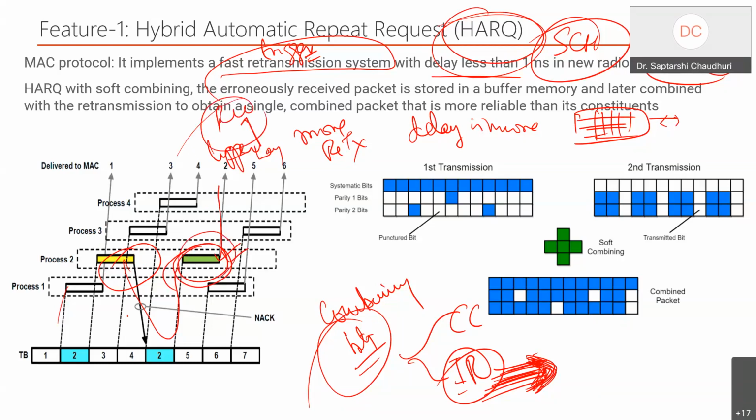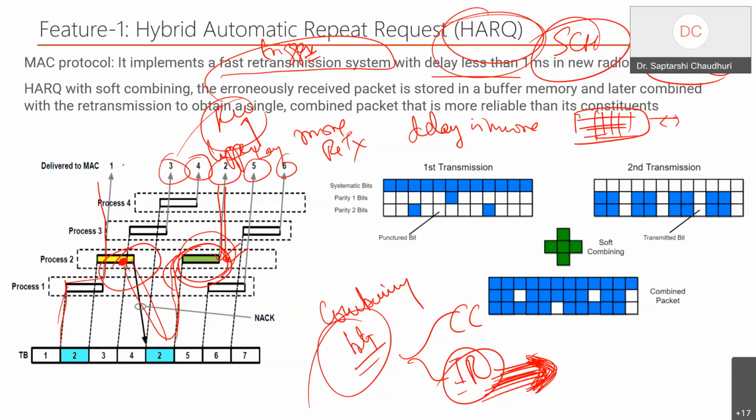Now you can see the flow: this is successfully done and has moved up, but this packet had an error in the CRC, which led to the retransmission mechanism, and only after it was successfully retransmitted did it go up. By that time the third packet has gone up, the fourth has gone, and now the second is coming after the fifth, if you see the sequencing of the packets.